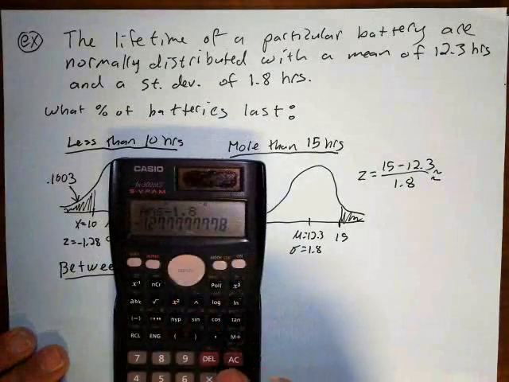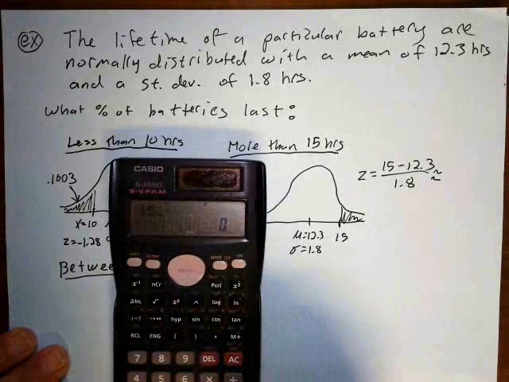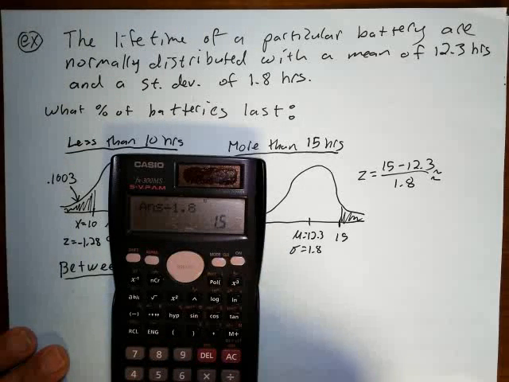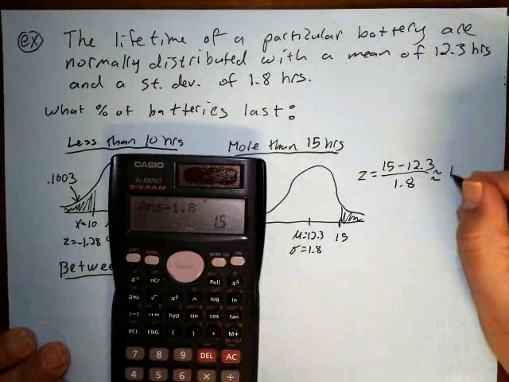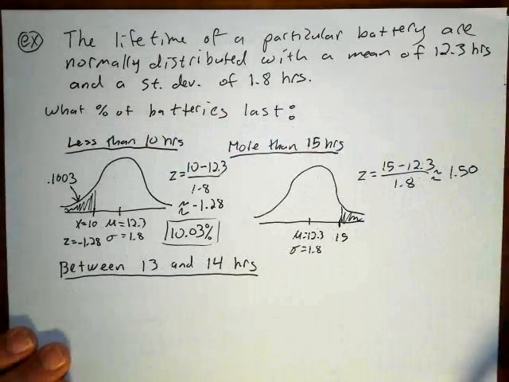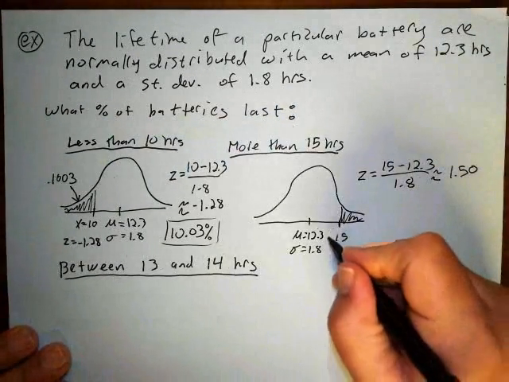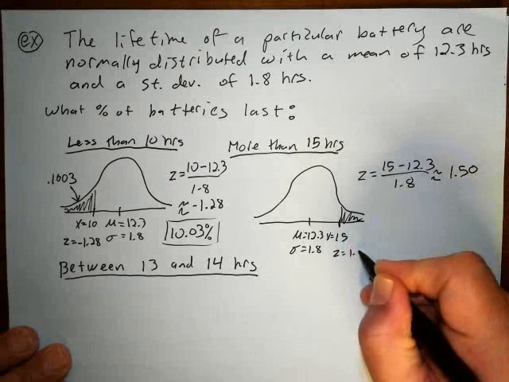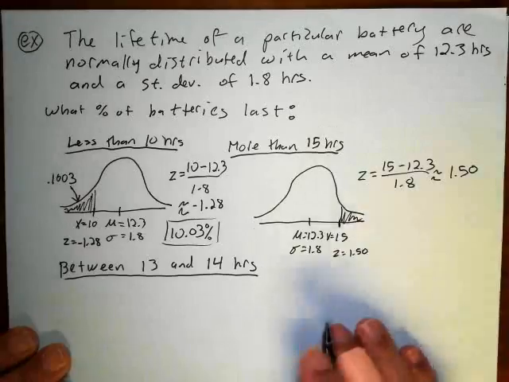So 15 minus 12.3, divided by 1.8, and it looks like that is actually equal to 1.50. The z value just happens to be 1.50 in this case.